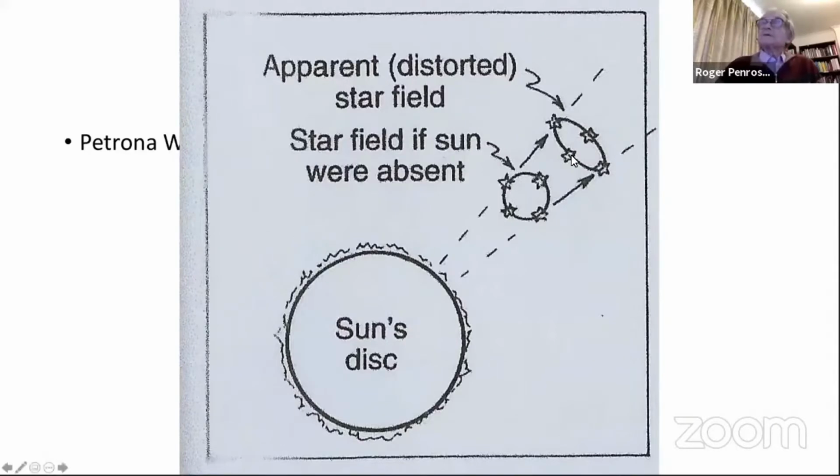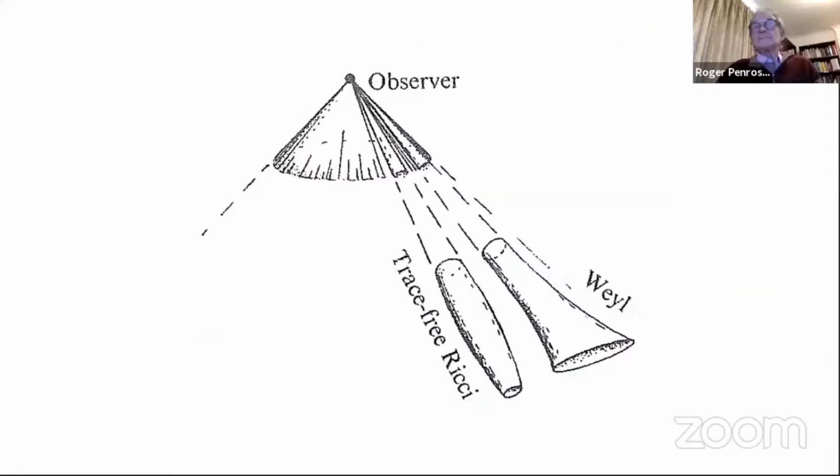So the shapes become distorted, circles become elliptical. And this is a feature of the Weyl curvature of space-time. So this is the particular feature which I want to discuss.